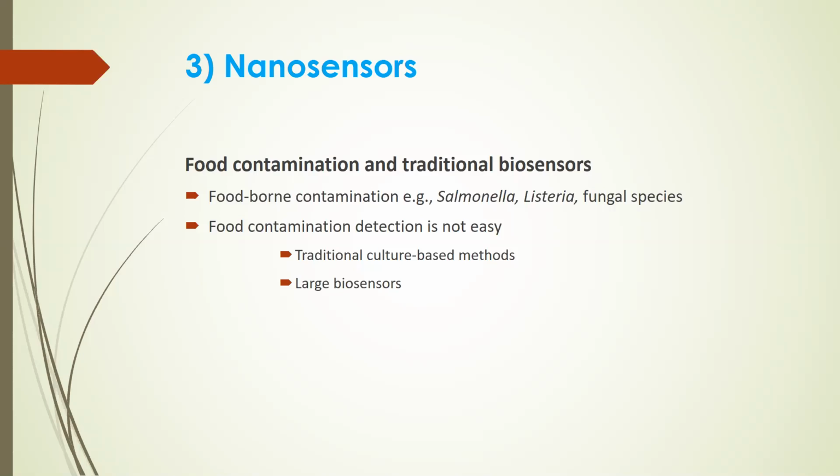This means that if we detect contamination inside the food lot by growing microorganisms on artificial media, we require a lot of time. At the same time, what we traditionally use are large biosensors, which involve a huge amount of cost and are very difficult to transport from one place to another.